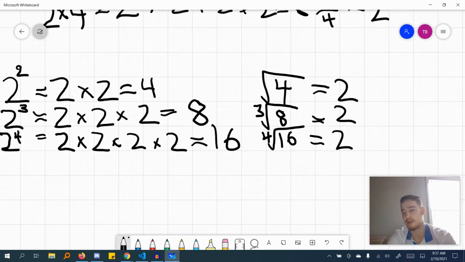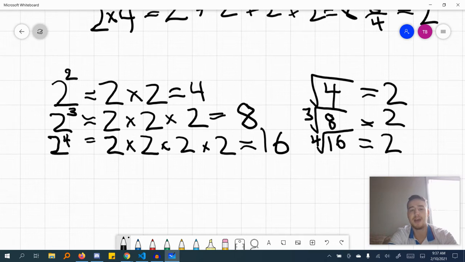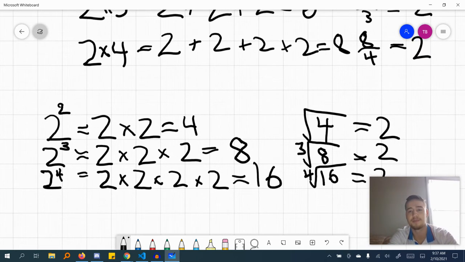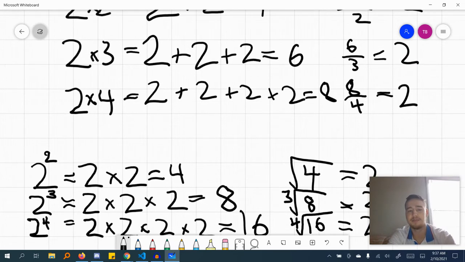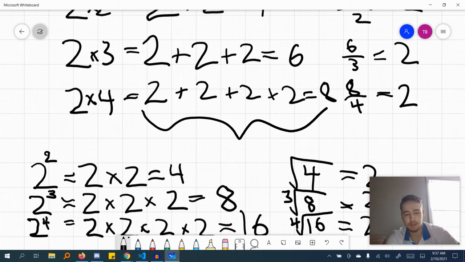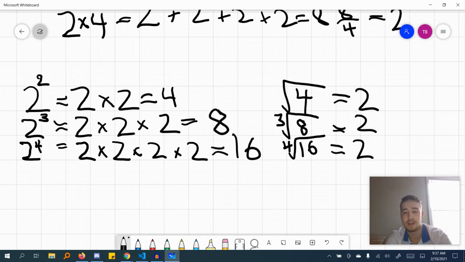Now, what these roots represent are like division, but for exponents. That means that instead of saying, what number did we add to itself 4 times to get 8? We said, what number did we multiply by itself 4 times to get 16?